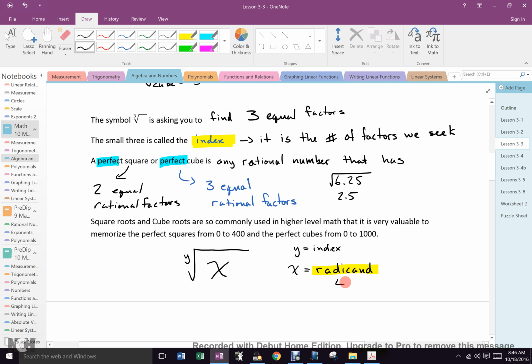And the radicand is the number that is where we break that down for factors. Okay, and the index, of course, is, once again, the number of factors we seek. Everybody okay with that? All right.